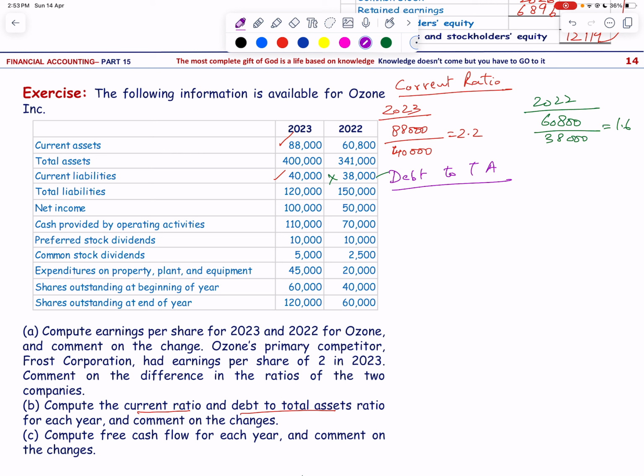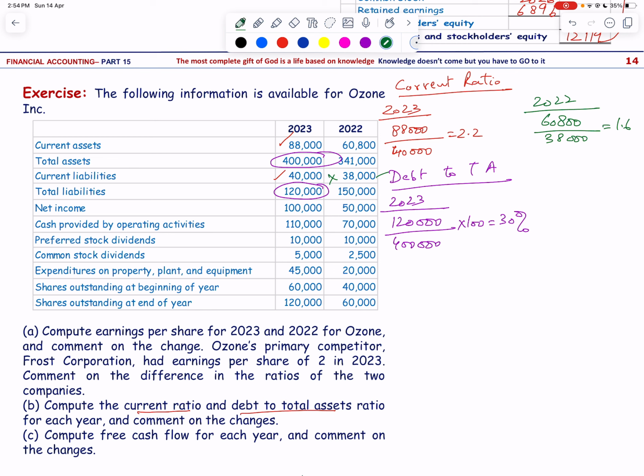Now when we calculate the debt to total assets ratio, it is total debt divided by total assets. Let us start with 2023. Total debt is 120,000 divided by the total assets 400,000. In terms of percentage, this is going to be equal to 30% in the year 2023.